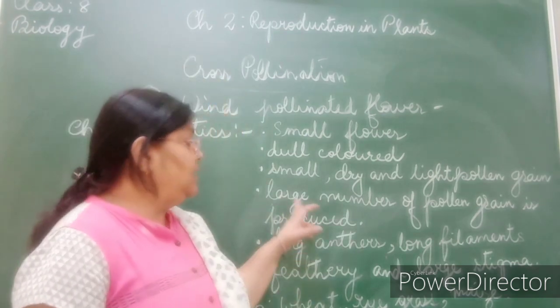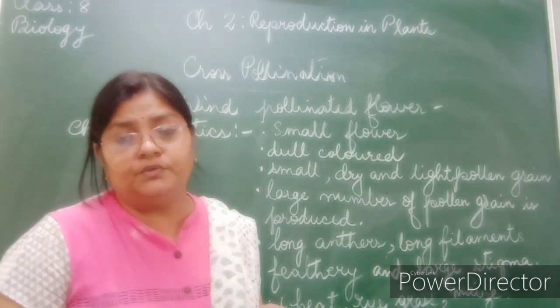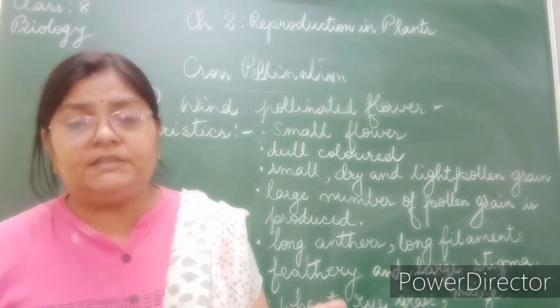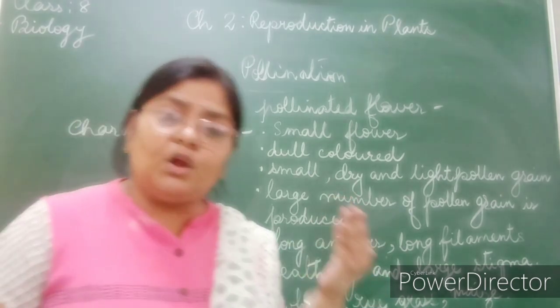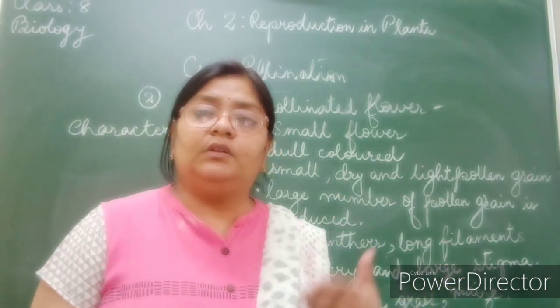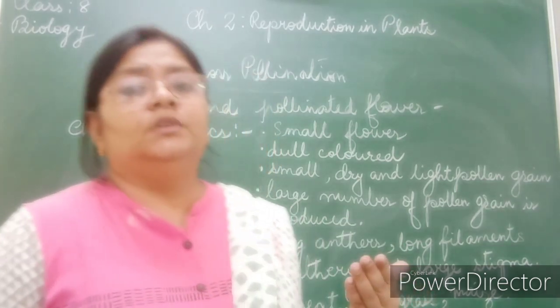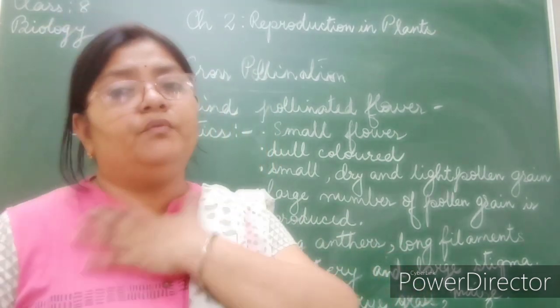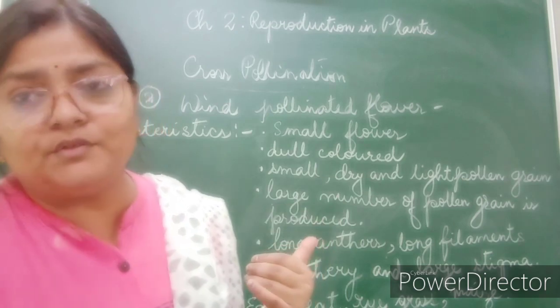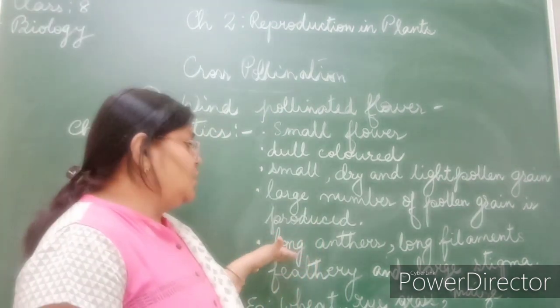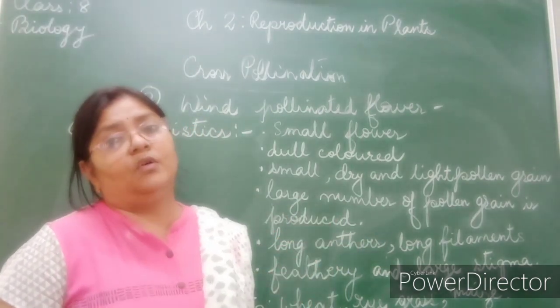Now a large number of pollen grains are produced, because there will be a lot of wastage; the wind carrying the pollen grains may not deposit them on the right flower. So, as a lot of wastage is there, a large amount of pollen grains are produced. Long anthers and long filaments.